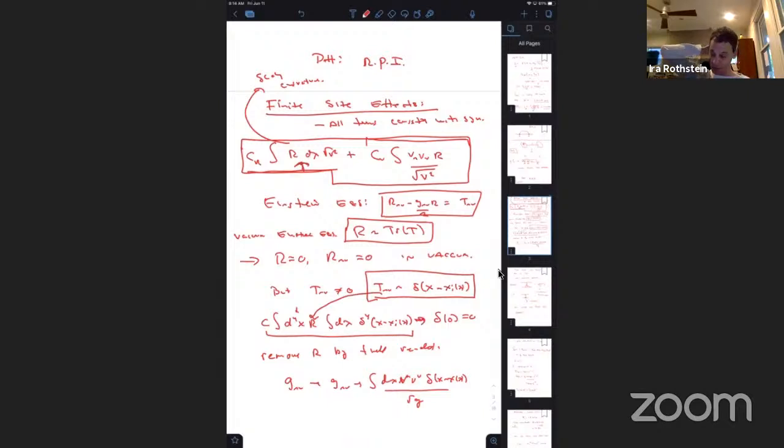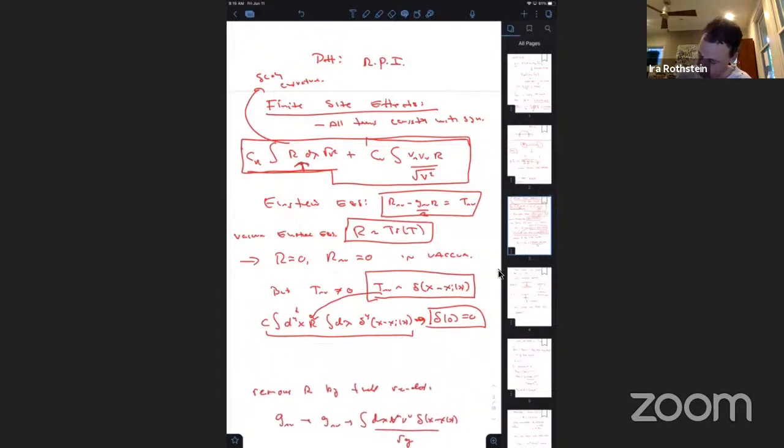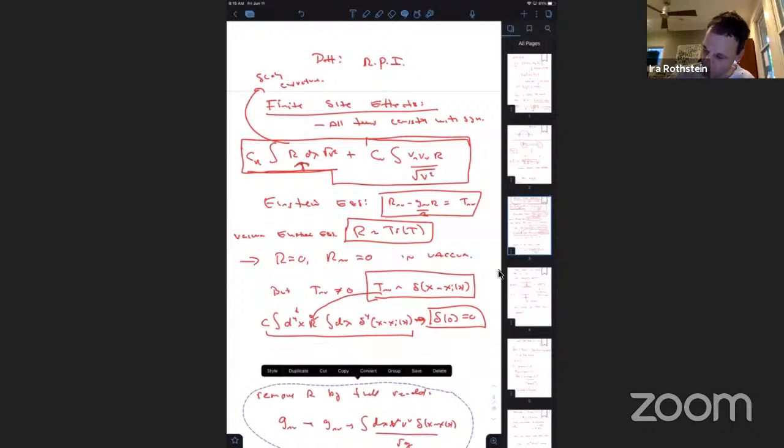In general, in physics, the only sensible thing to do with delta of 0 is set it to 0. This may seem mathematically floppy, as we physicists tend to be, but physically, we know this has to be the right answer.